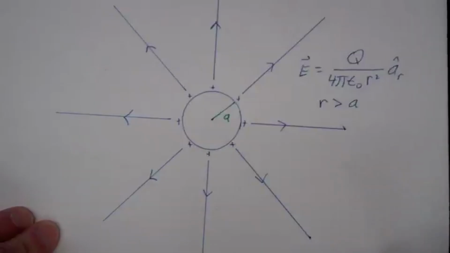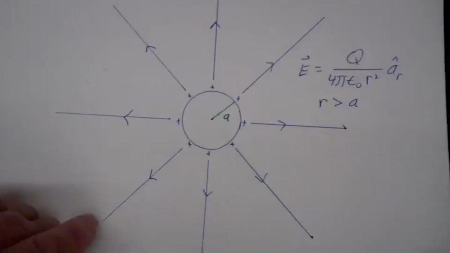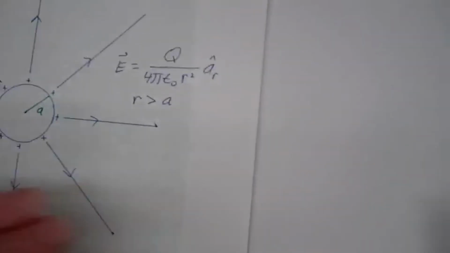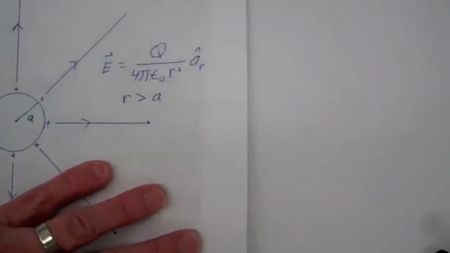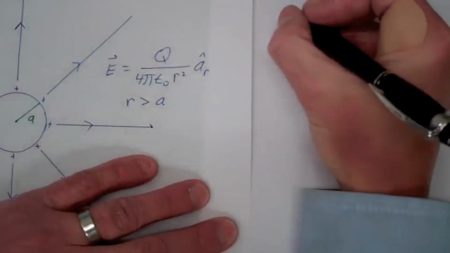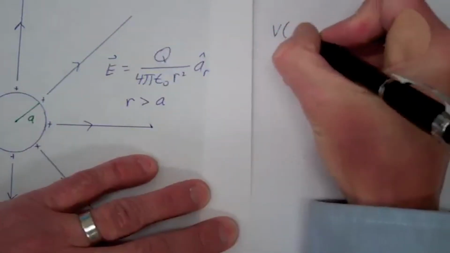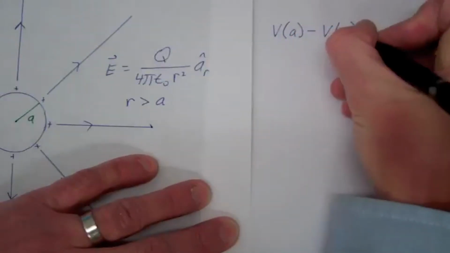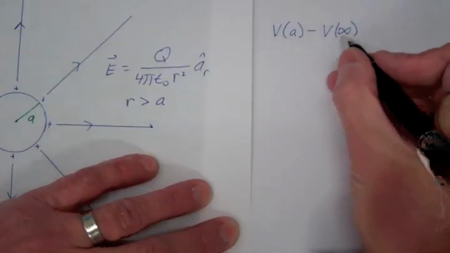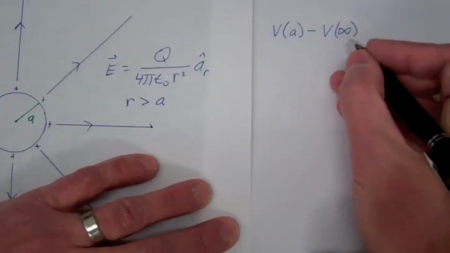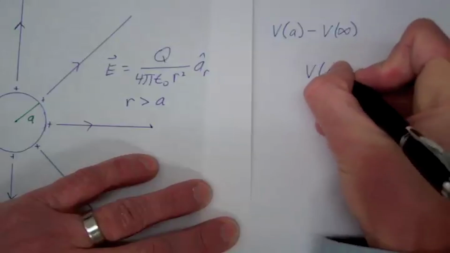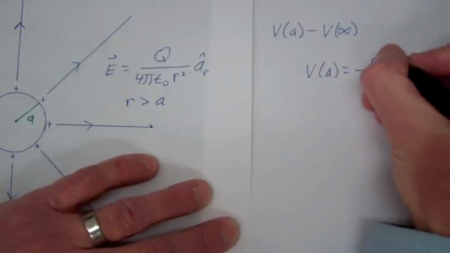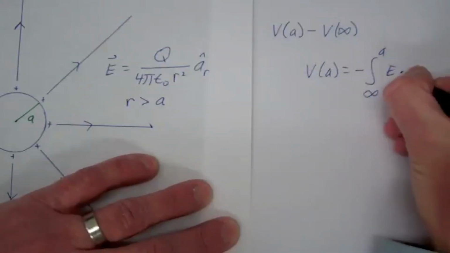So for this charge Q on our sphere, let's determine the potential of the sphere. Okay, so the potential difference between the sphere and infinity, and if we choose infinity again as a reference potential to be 0, the potential on our sphere is minus the integral from infinity to a of E dot dl.